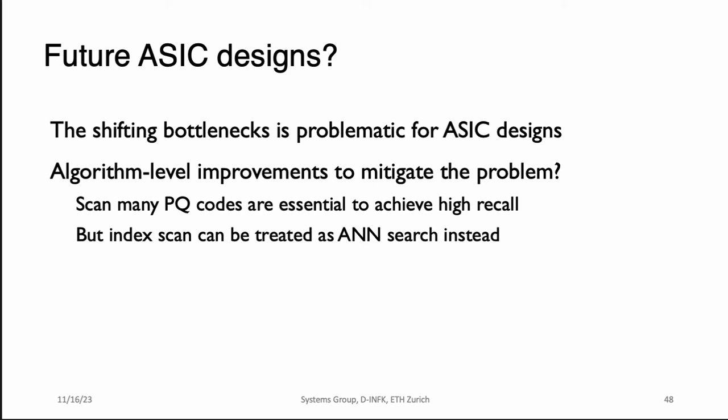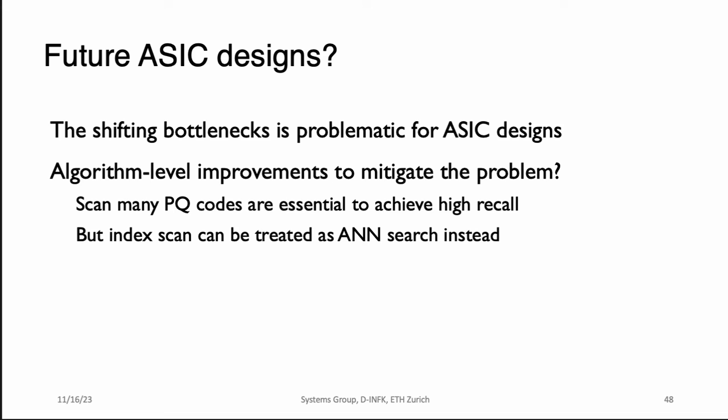However, we found out that for the index scanning part, there's something that we can trade off. Right now, we're comparing the query vector to all the IVF list entries. So this is a brute force scan, and if we have many of those IVF lists, the index scan part can be a performance bottleneck. However, we can also treat this step as another approximate nearest neighbor search if this becomes a bottleneck.